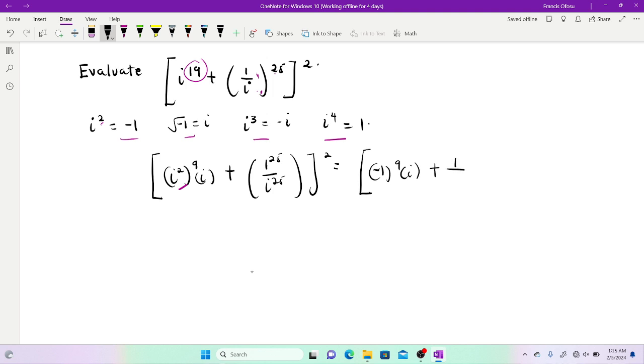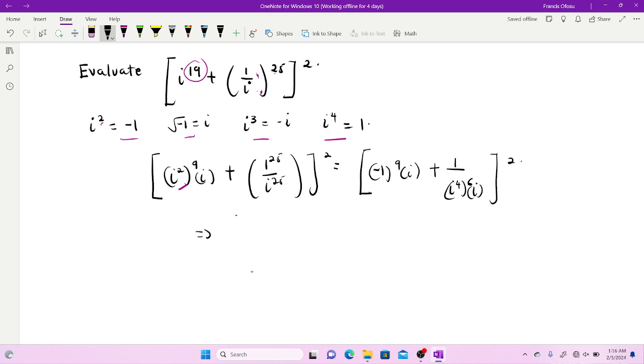And i to the power 25, you have to break it down. So let's take 4, which is quite bigger. When you have a huge number, try using a bigger power to make it simpler. Now 4 goes into 25 6 times. So you are going to write i to the power 4, then 6, so that 4 times 6 will give us 24, remainder i to make it 25, all squared.